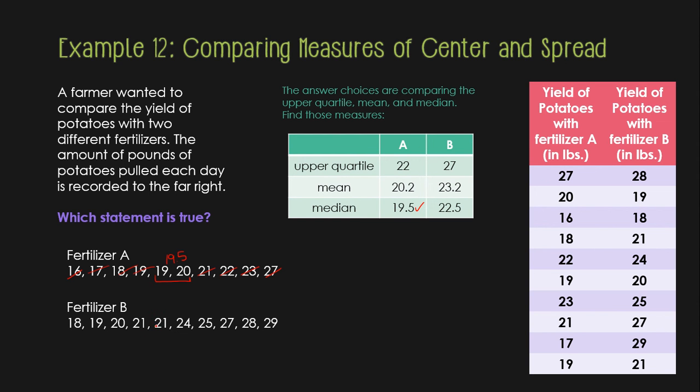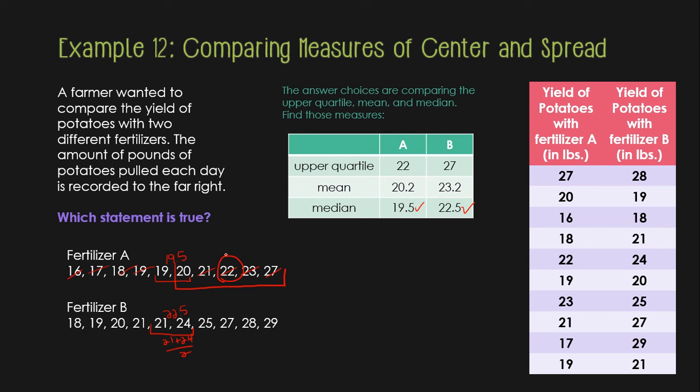So when we do the same thing for fertilizer B, since we have the same amount, it's going to be these two numbers, and the middle in between 21 and 24 is 22.5. And again, you can find that by adding the two together and dividing by 2. You're finding basically the average of those two. Okay, and then my quartile, to find the upper quartile, I'm going to start at the median, okay, and I'm going to look for the middle number or the median of the upper half of my data.